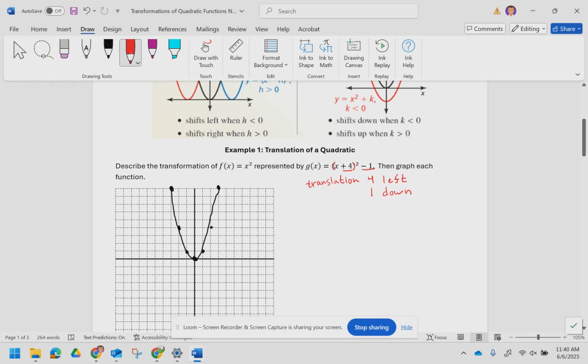This is going to have all of those points going 4 to the left and 1 down. So 1, 2, 3, 4, 1 down. 2, 3, 4, and 1 down. And so every single one of those.